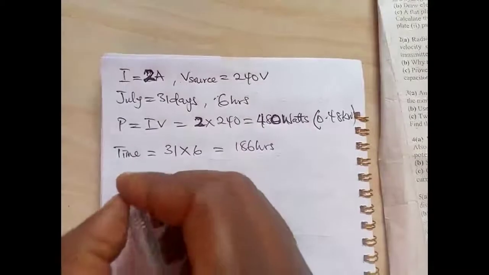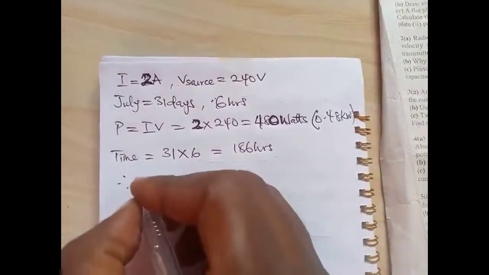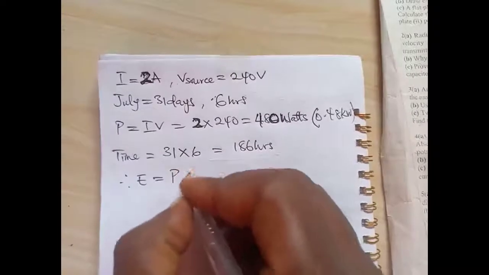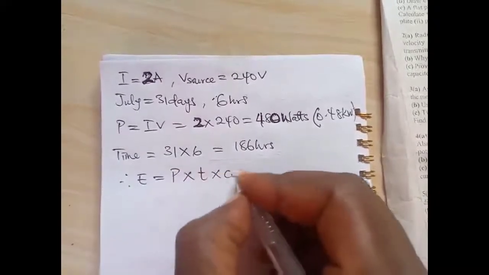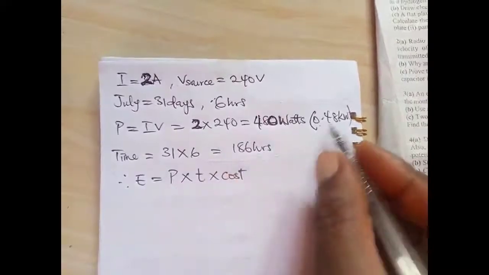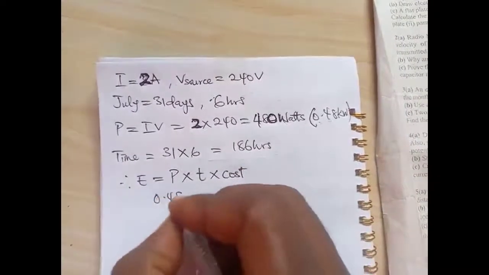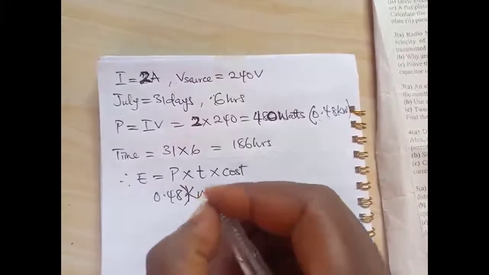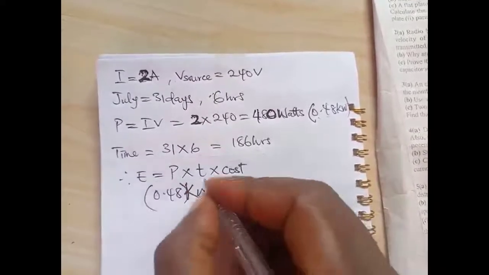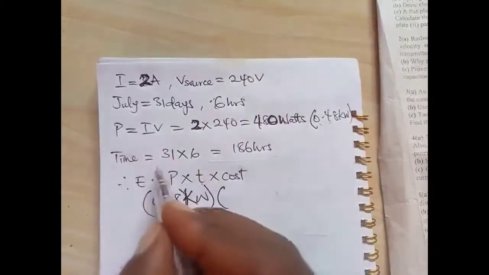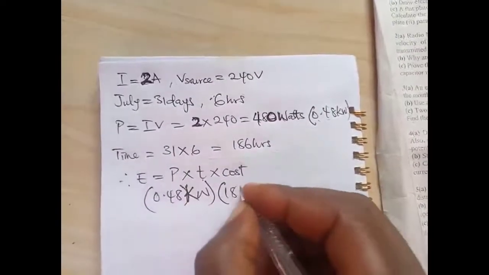And for us to now get the energy cost, energy cost is equal to power times time times the cost. The power we got was 0.48 kilowatts. Okay, let's put it so that we can remember. Kilowatts times time, the time that we got, 186.